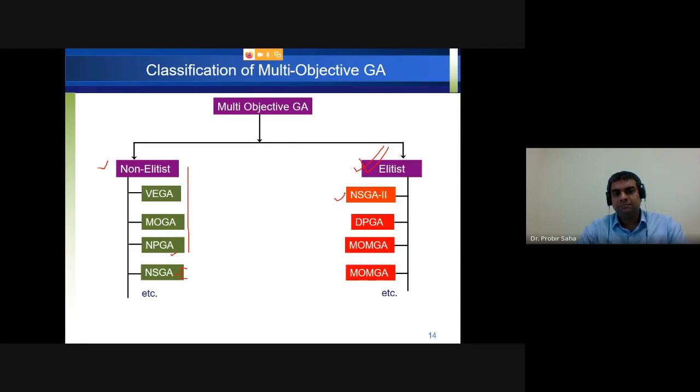I must mention one point here: there is a huge difference between NSGA-1 and NSGA-2. You might think that if you know NSGA-1, you will understand NSGA-2. No, there is a huge difference.